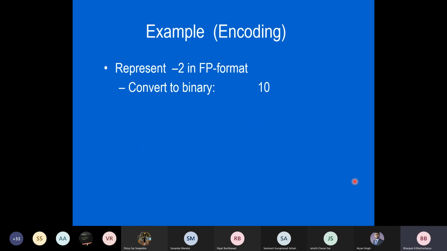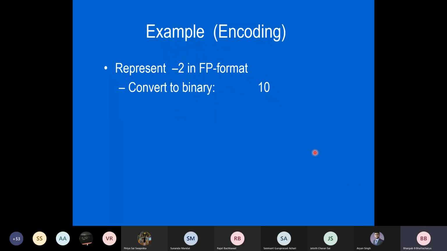So recall that one point should be highlighted. In floating point format, when you represent a number, there is no role of 2's complement. Isn't it so? No 2's complement representation is used in representing either the exponent or the mantissa or whatever.